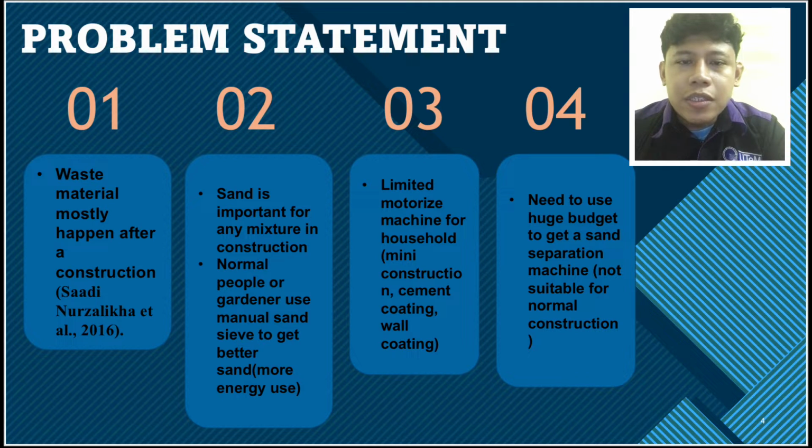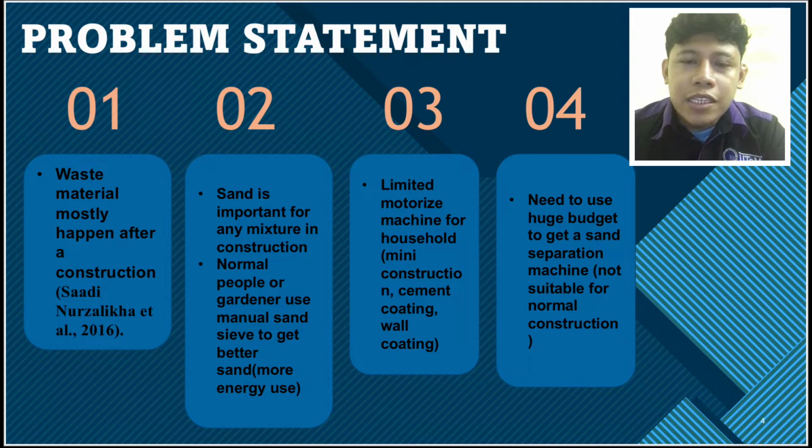Other than that, limited motorized machines for household people was also a problem. So this project was created so that people from the household can use it for mini construction and also for cement coating, and other than that for wall coating.